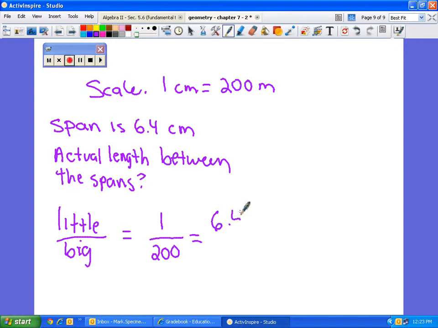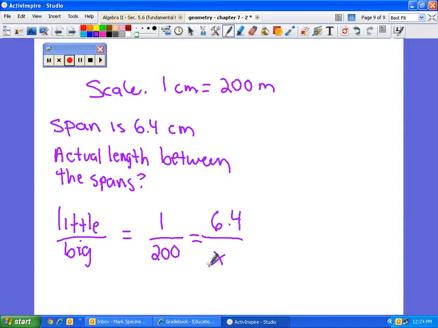So what are we going to use to represent the actual span? X. In the book you'll see it use S, but it's X. Now we have a proportion. So to solve this proportion, we're going to cross multiply. Very good.